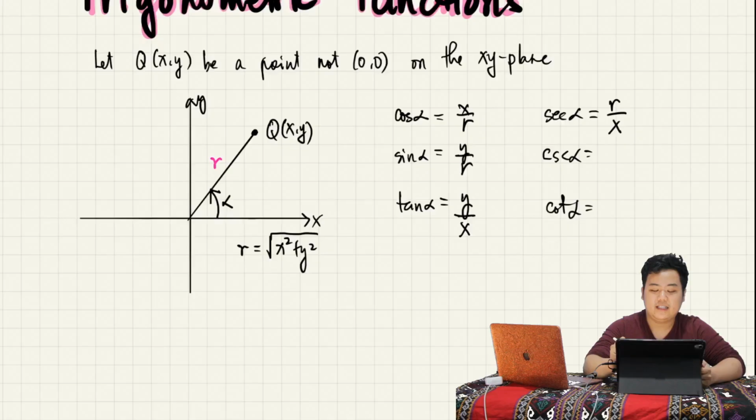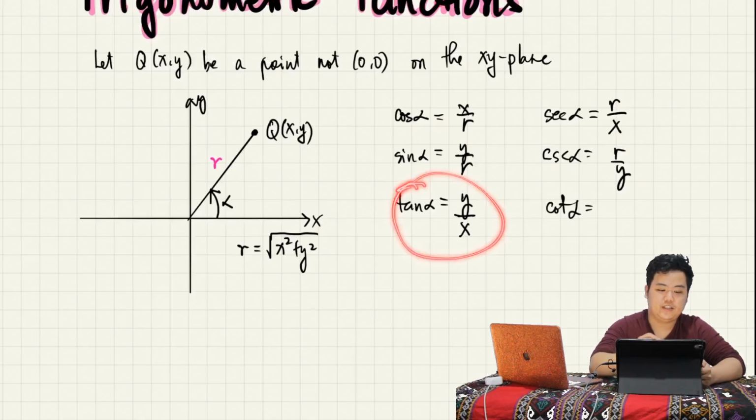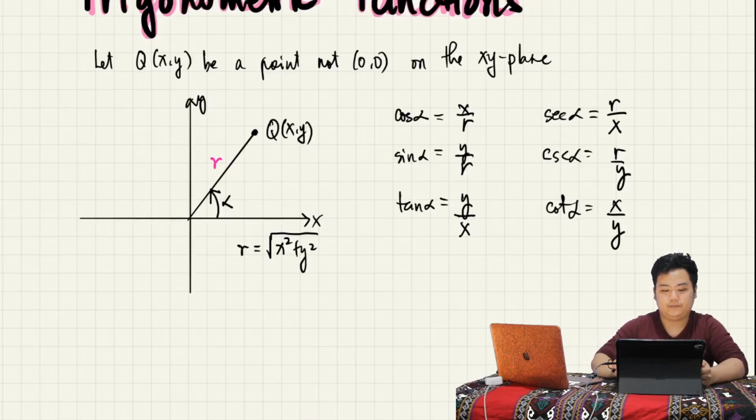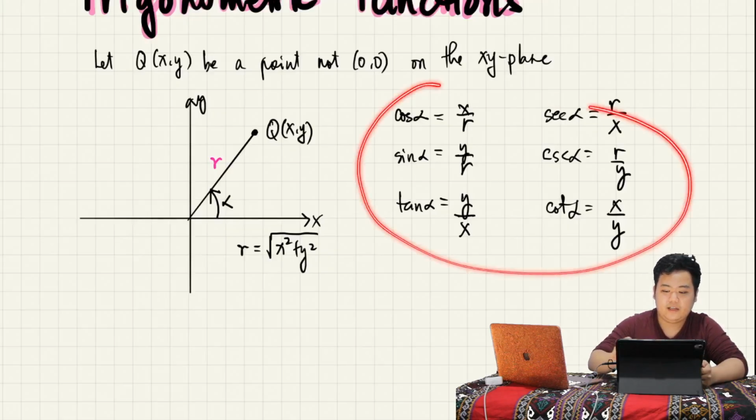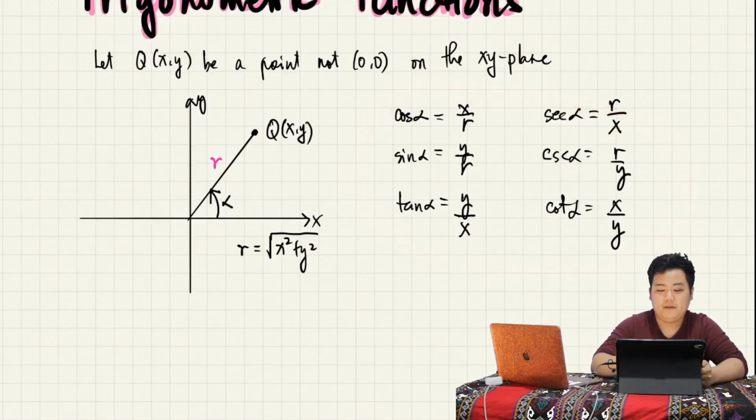Cosecant alpha is the reciprocal of sine, r over y. And cotangent is the reciprocal of tangent, so it is x over y. Okay? And take note, these trigonometric function values have signs. It's either positive, negative, or zero. So it can be zero.